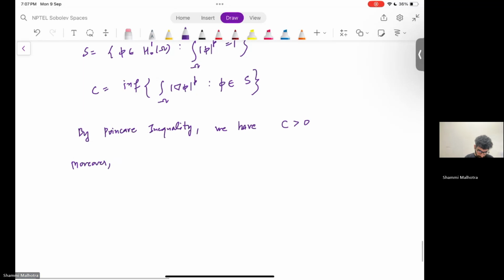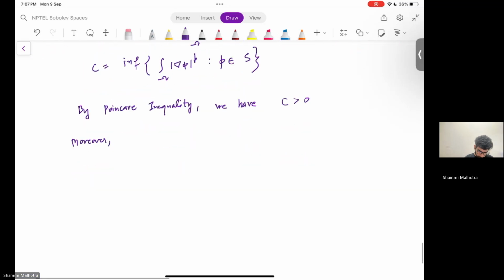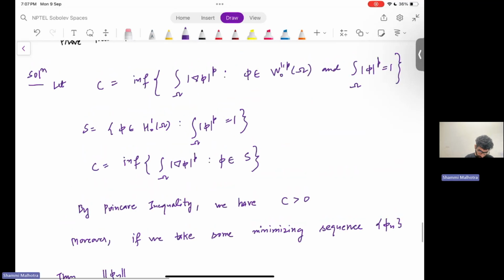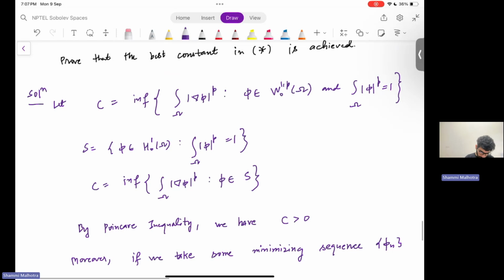Moreover, if we take some minimizing sequence phi n, then we have just one more.